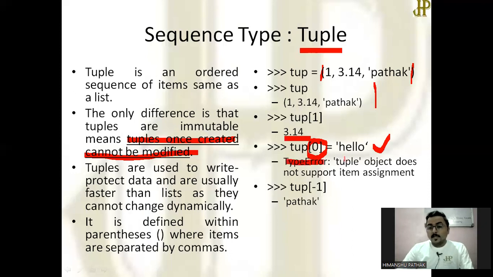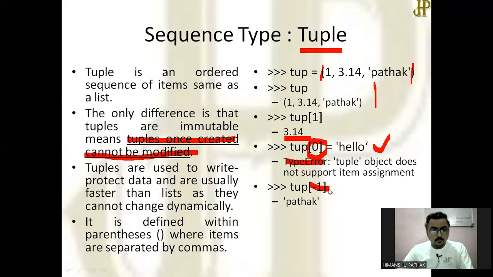What is it? Tuple object does not support item assignment. Thus, we cannot assign any other value to the stored value. Again, negative indexing is possible, so you can use it.